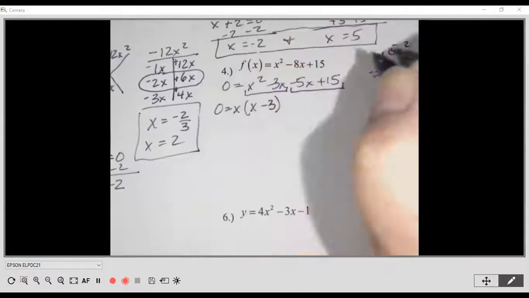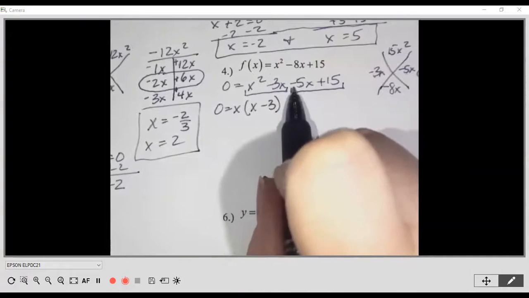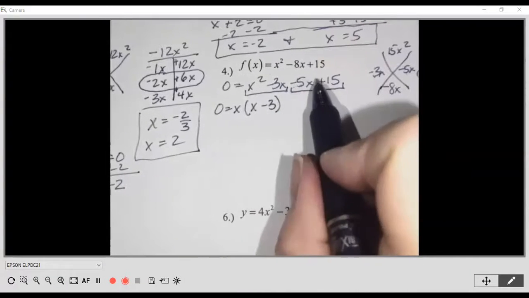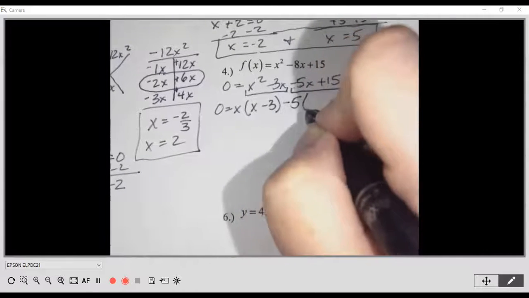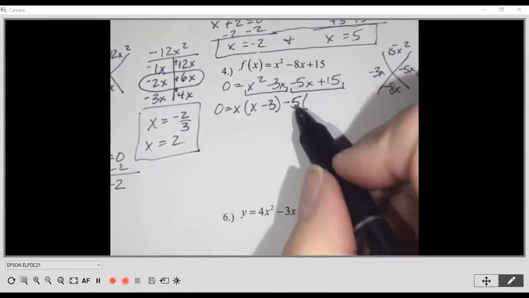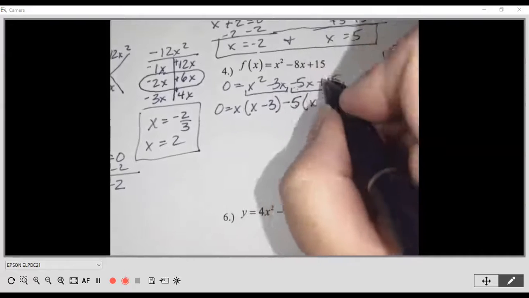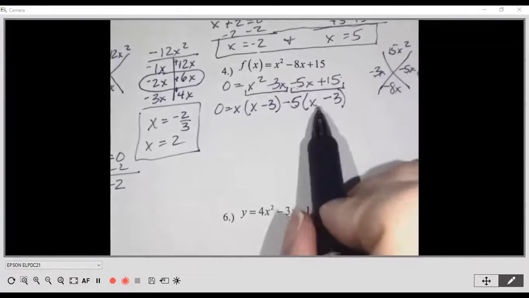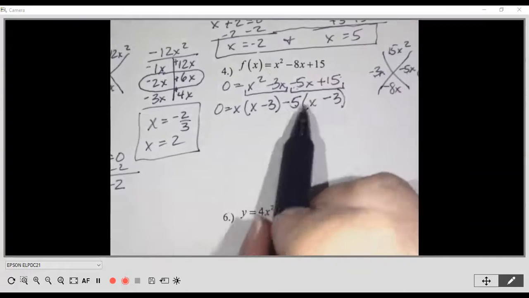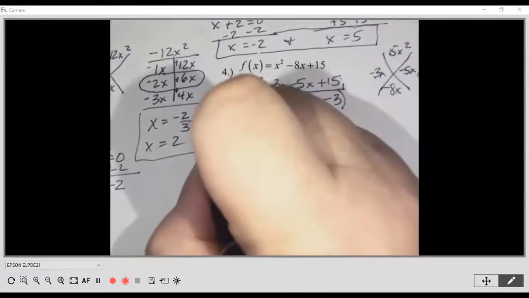So I'll factor out an x. And I look at my second group, they have a GCF of -5. So I'll factor out a -5, which leaves me with -5x divided by -5 is positive x. Positive 15 divided by -5 is -3. So there's my x minus 3 quantity in both terms. So I can factor that out.